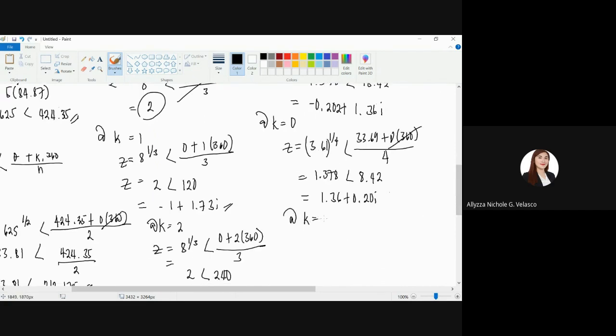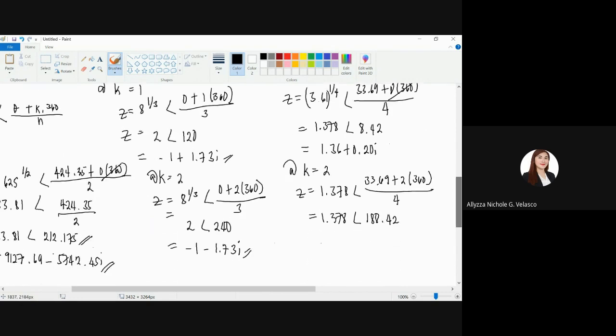Next, at k is equal to 2. Okay? So we have here, again, z is equal to, so same na siya, ano, 1.378 angle, so 33.69 plus 2 multiplied by 360 over 4, that is equal to 1.378, we have 360 times 2 plus 33.69 divide by 4, that is equal to 188.42.